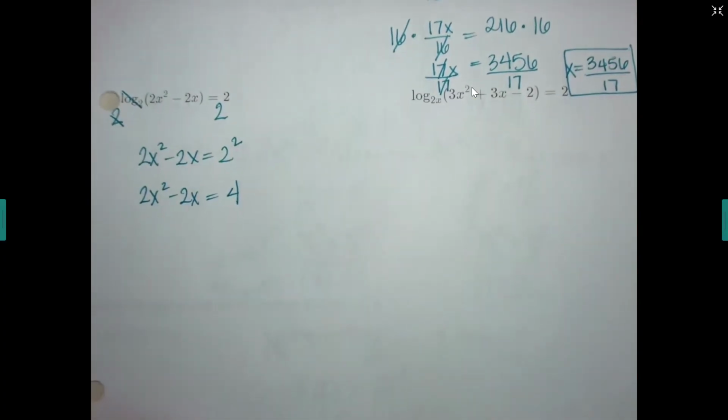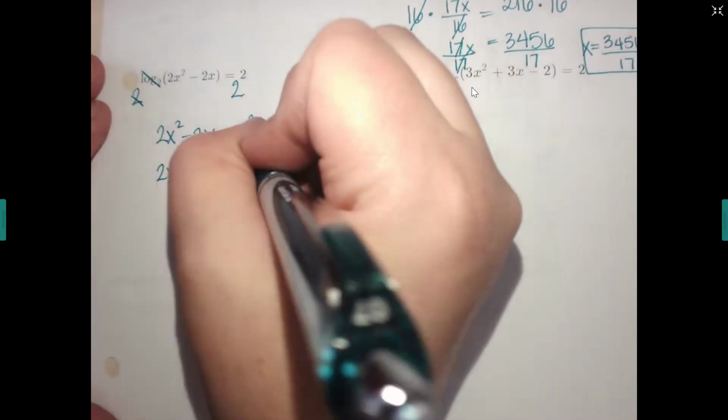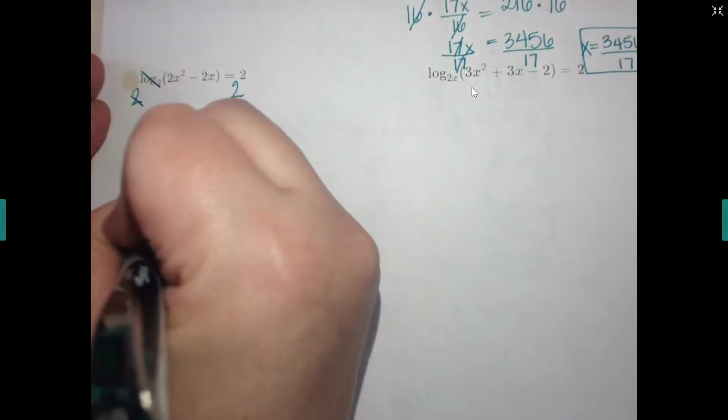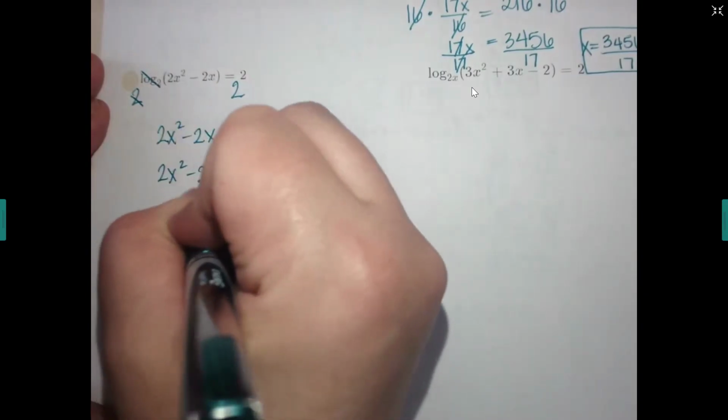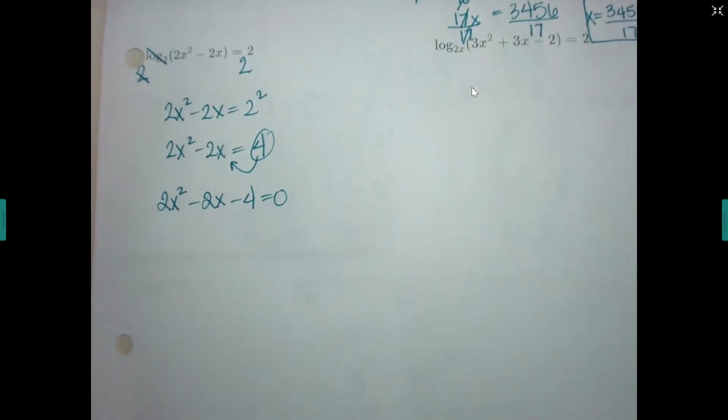Now, if you're trying to solve this, what you should notice is that that's an AC chart, but your 4 is on the wrong side. You can't AC chart with stuff on both sides. So if I want that 4 to come across and be with everybody else, it's going to turn to a minus. That's right. So I'm going to have 2x squared minus 2x minus 4 equals 0.